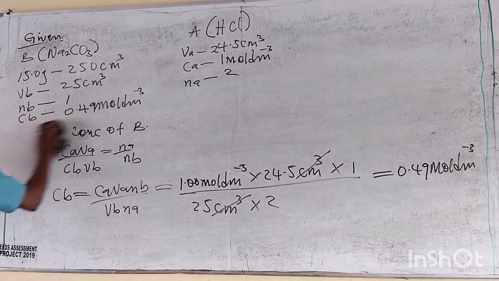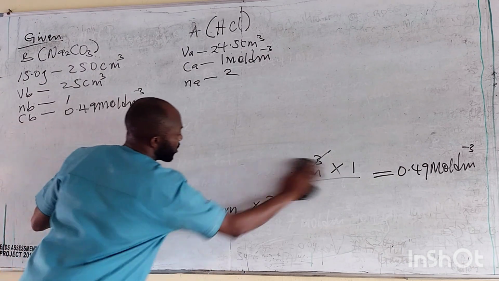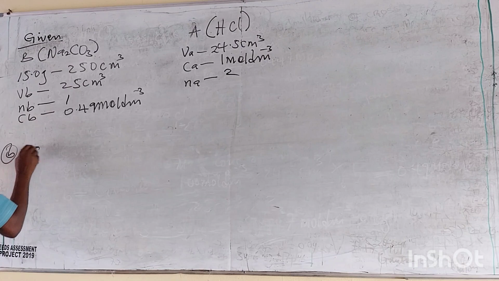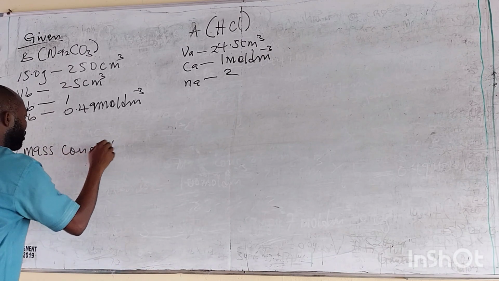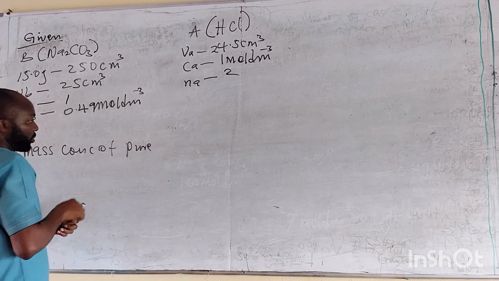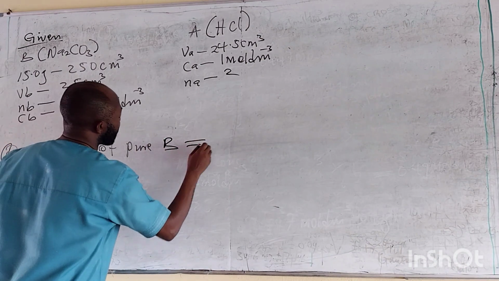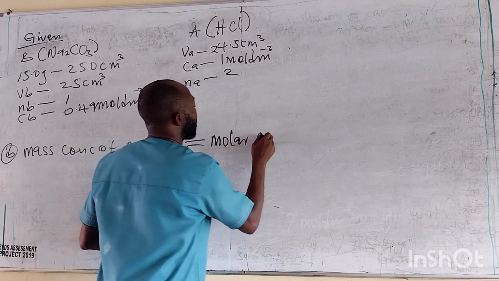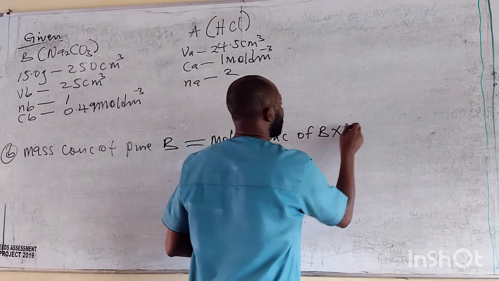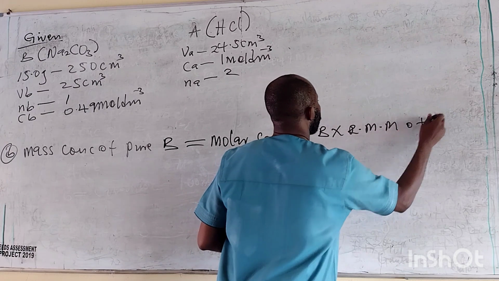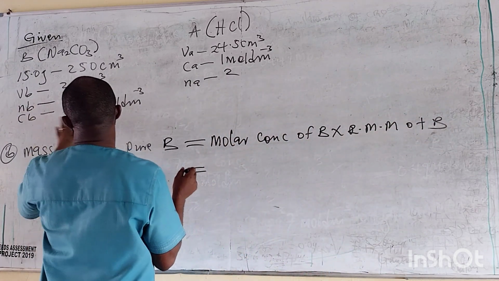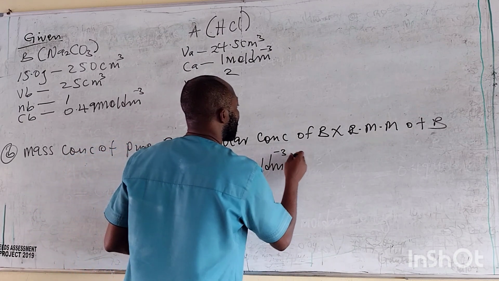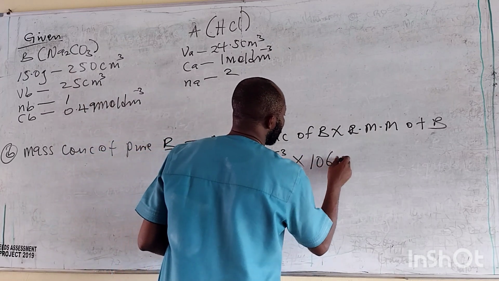Then I call that B. Now, the mass concentration of pure B is equal to molar concentration of B times relative molecular mass of B. And the molar concentration of B is 0.49 mole per dm³ times relative molecular mass, which is 106 g/mole.